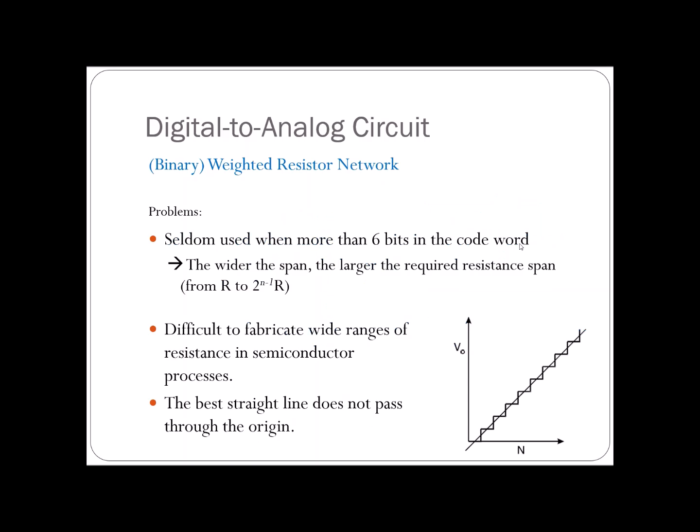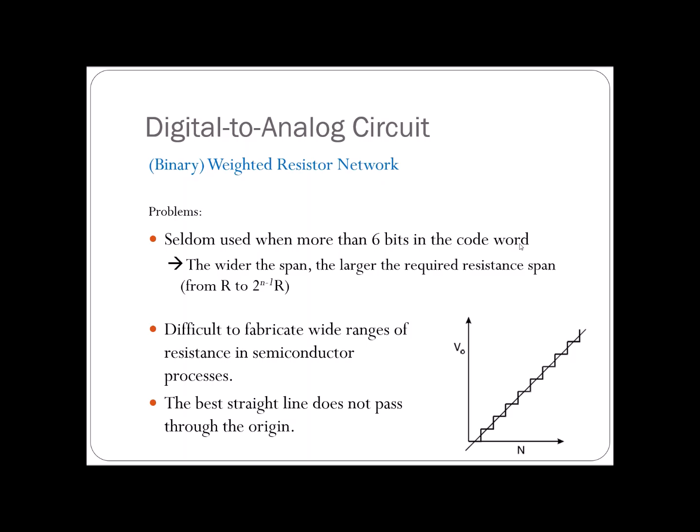But there are a few disadvantages of this weighted resistor network. First one, I rarely see this weighted resistor network used for more than 6-bit encoding. So at most, I only see it for 6-bit applications.